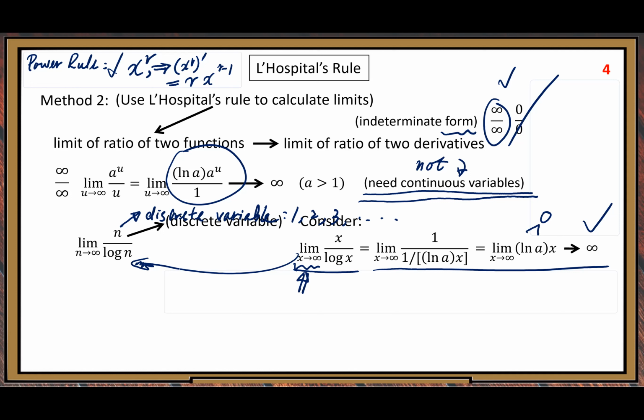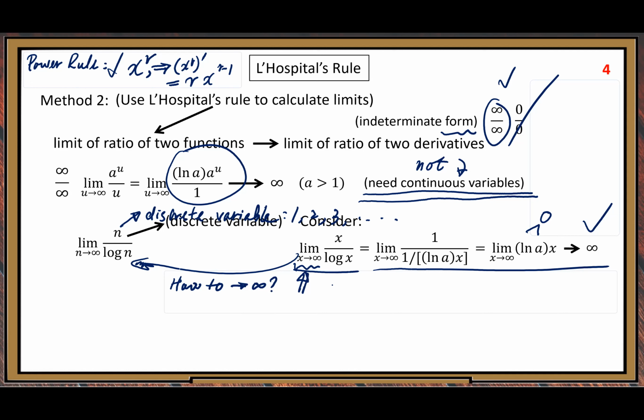Nobody talks about how x approaches infinity. There are millions of different ways. Think about that.